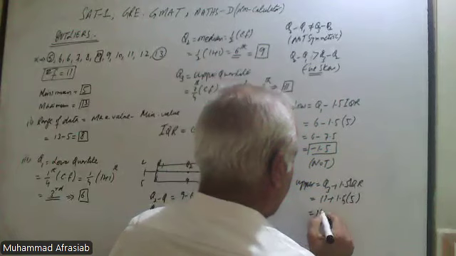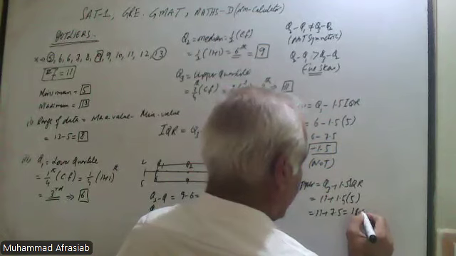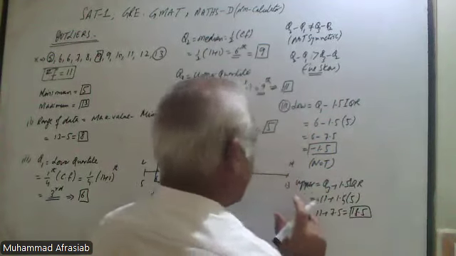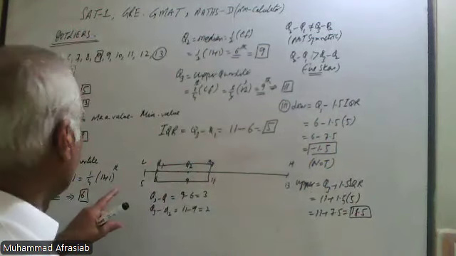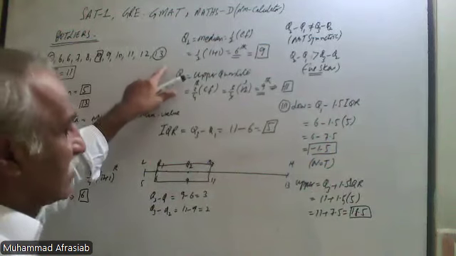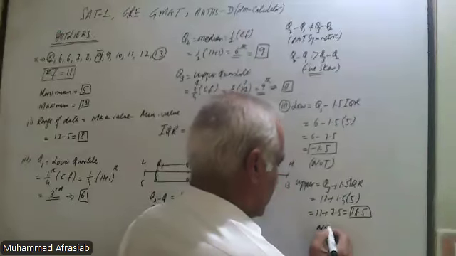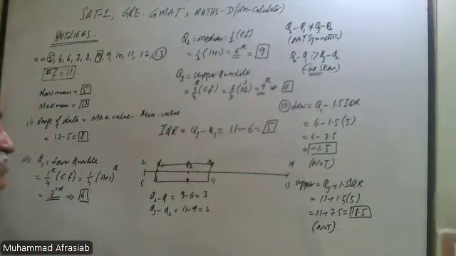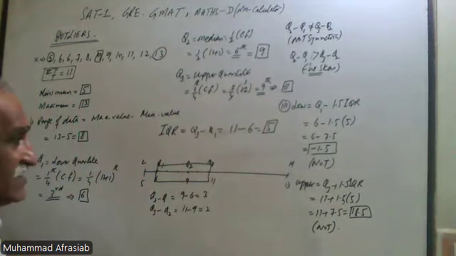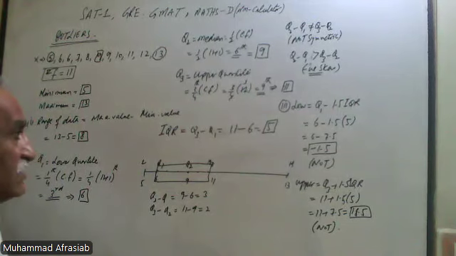So 11 plus 7.5 is equal to 18.5, the upper outlier limit. But is 18.5 a value in the data or not? We will check. It is again not in the list, so there is no upper outlier. This is the way you can find outliers, whether they lie inside or outside the maximum value. And we can have another example of this.